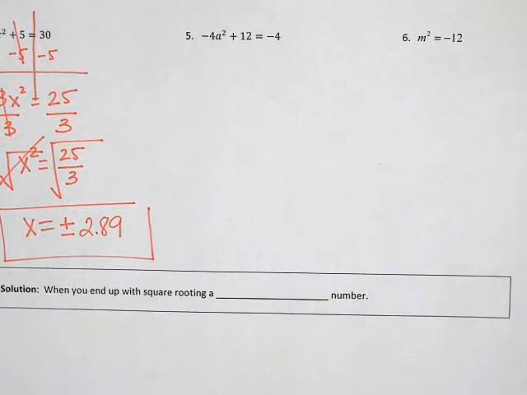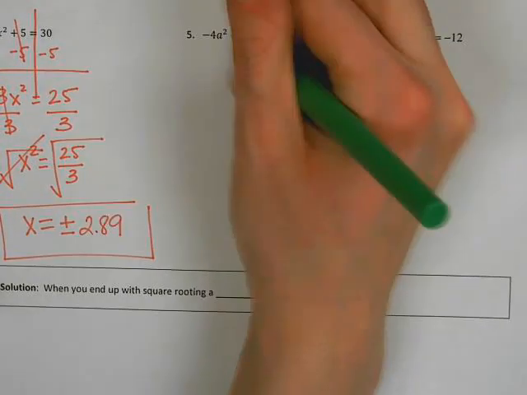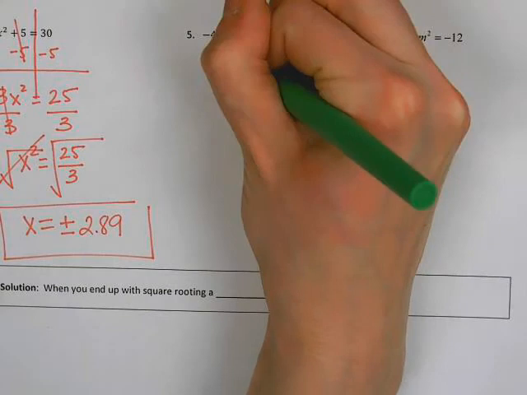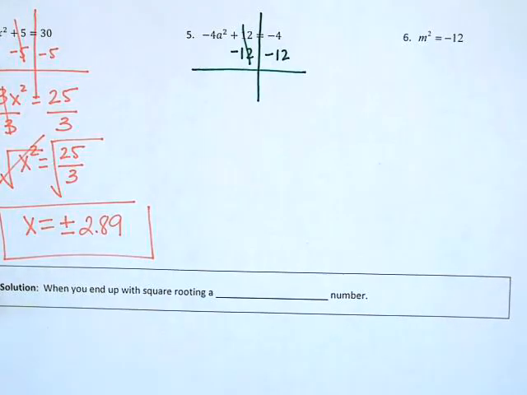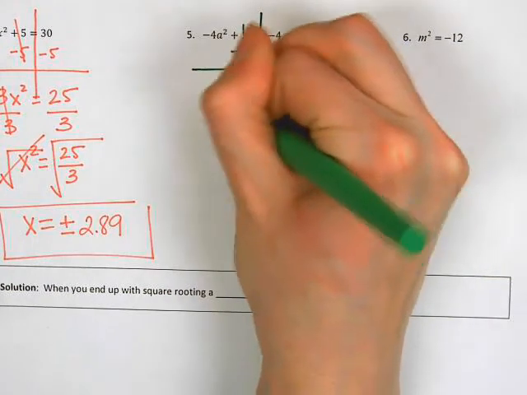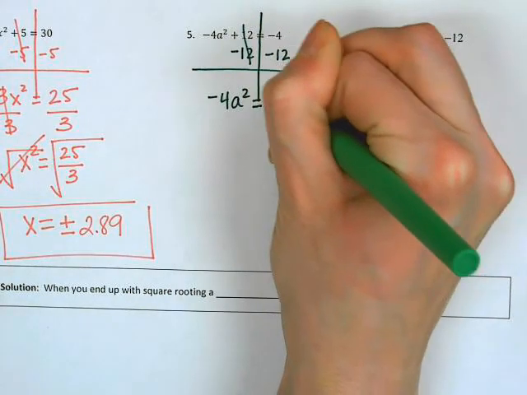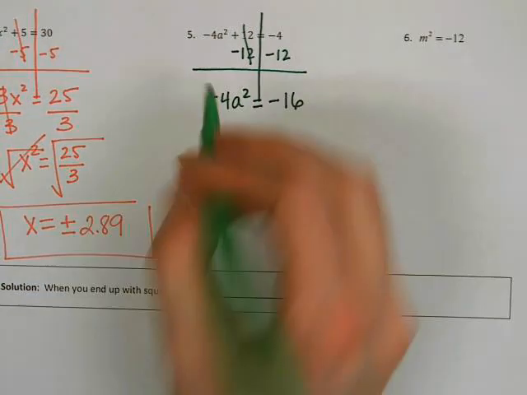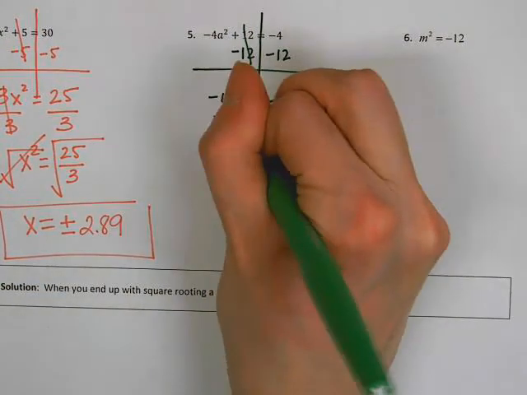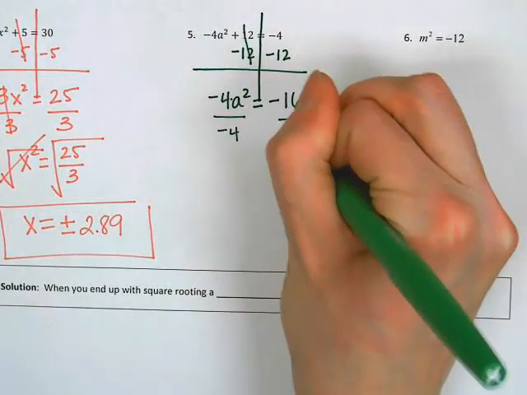Okay, you guys are doing great. Number 5. Same thing. You got to isolate first, which means minus 12 from both sides. And now we're at negative 4a squared equals negative 16. And then to get rid of multiplying by negative 4, we divide both sides by negative 4.